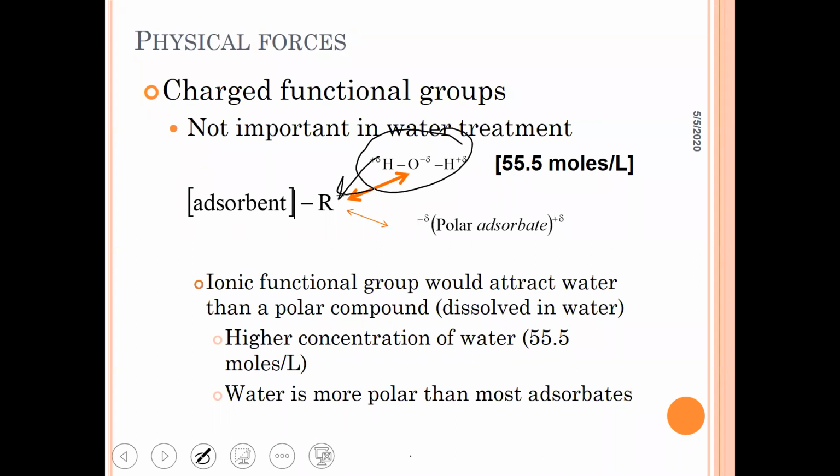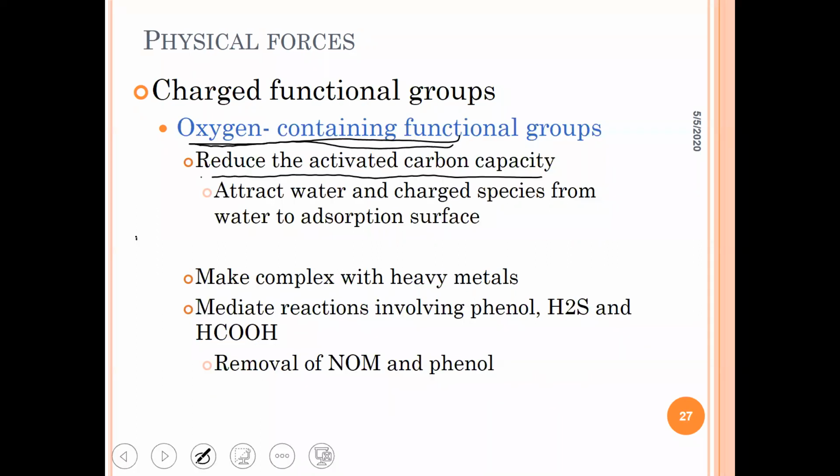So oxygen containing functional groups present on the surface of the adsorbent will reduce the capacity of the adsorbent, because they attract water and charged species from water to the adsorption site. However, an oxygen containing functional group, if present on the adsorbent, can make complexes with heavy metals.